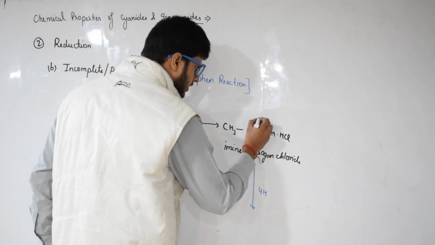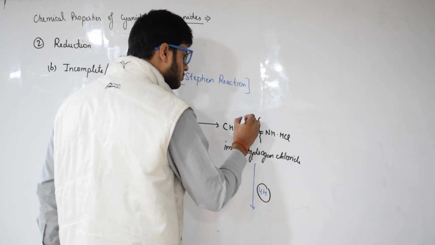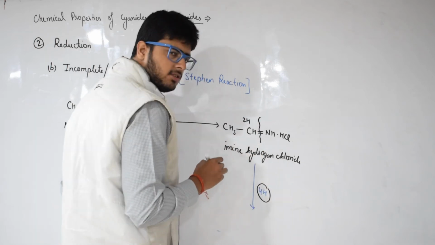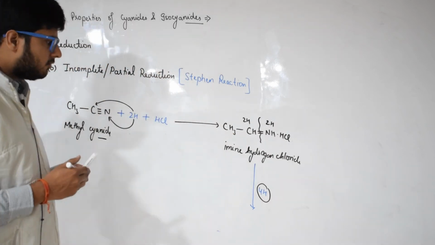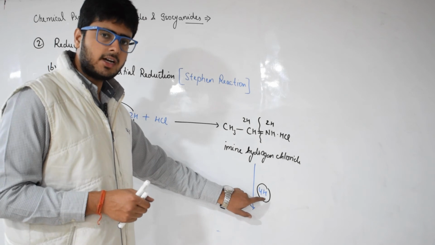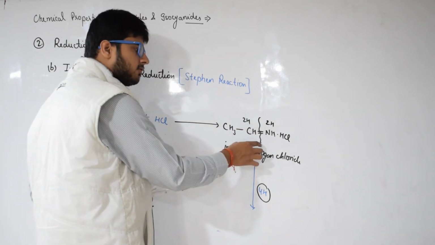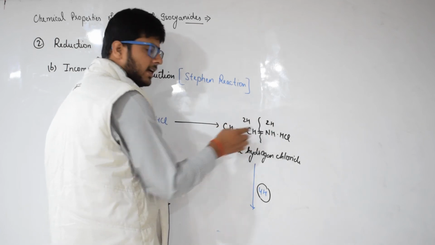Again a bond cleavage will take place from here. Of these 4 hydrogen atoms, 2 hydrogen atoms are attached to this side and 2 hydrogen atoms are attached to that side.